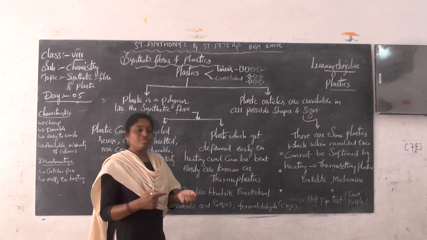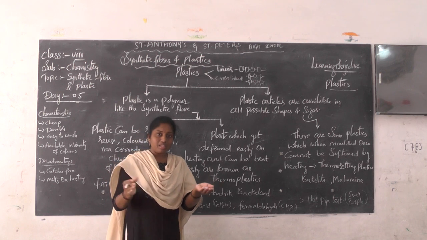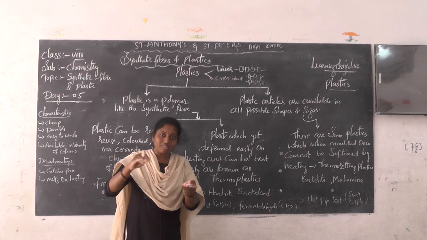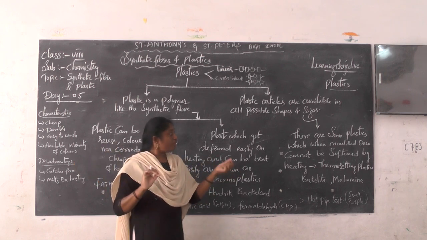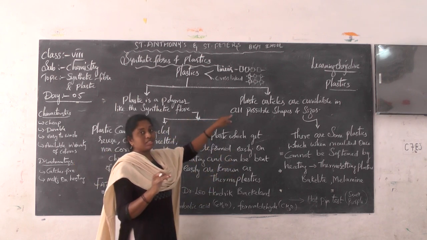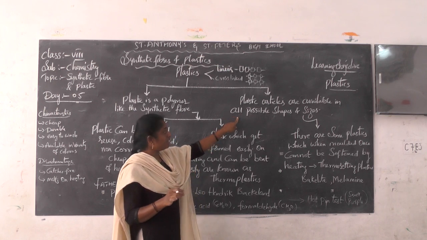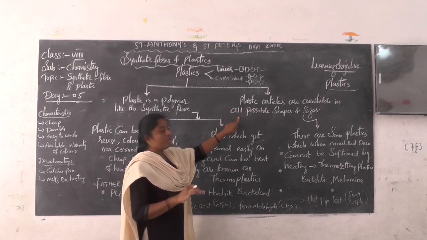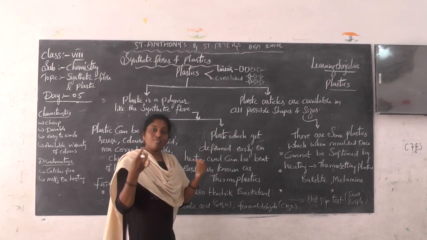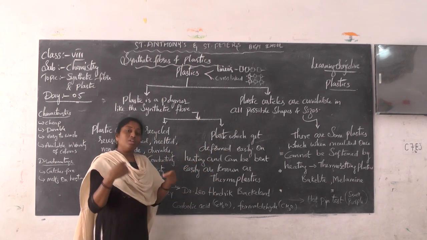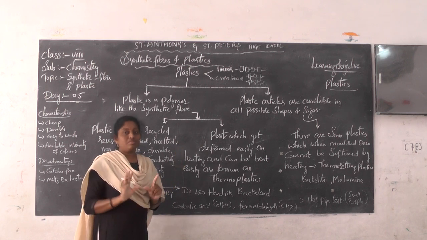When you buy items also, you can see containers from small size up to a bigger size. You can understand by this example that plastic articles are available in all possible shapes and sizes. Whatever size you want, it will be available. Whatever shape you want, it will be available.